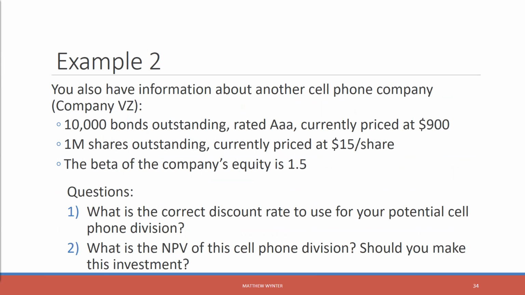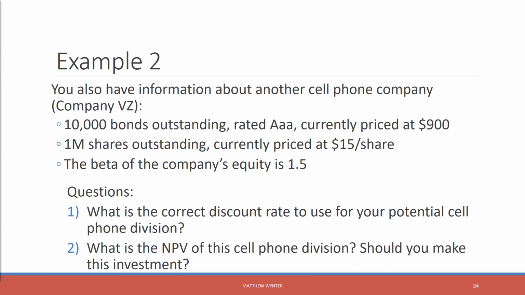You also have information about another cell phone company, company VZ. They've got 10,000 bonds outstanding, rated AAA, currently priced at $900 per bond. They've got 1 million shares outstanding, currently priced at $15 per share. The beta of the company's equity is 1.5. What is the correct discount rate you should use for your potential cell phone division? So in solving this problem, there's sort of two steps. The first step is to remember that we want to get our asset beta, and we want to use the asset beta of VZ.